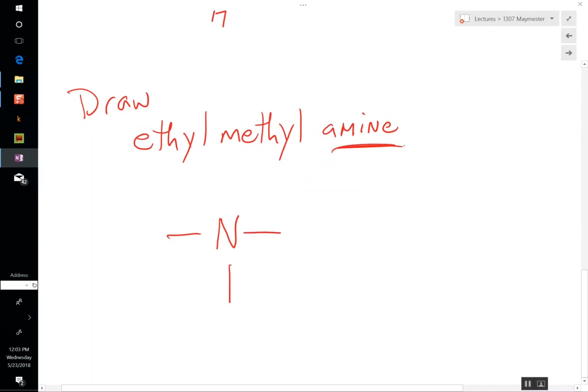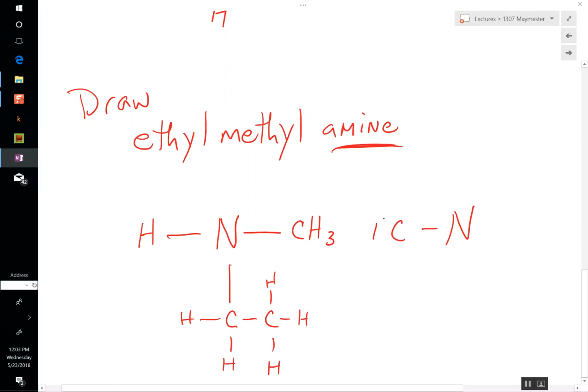It says it's an amine, so you'll put an ethyl group. Doesn't matter where you put the ethyl group. And then you put a hydrogen. You could have the methyl group over here, you could have the ethyl group over here, and the hydrogen. It doesn't matter what positions they're in. There's just going to be a methyl, an ethyl, and a hydrogen.